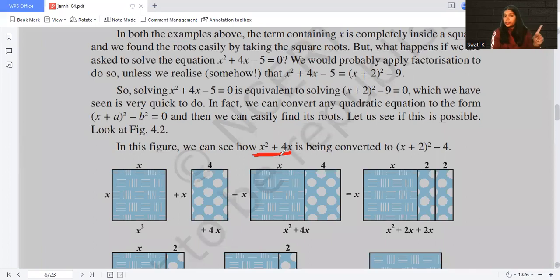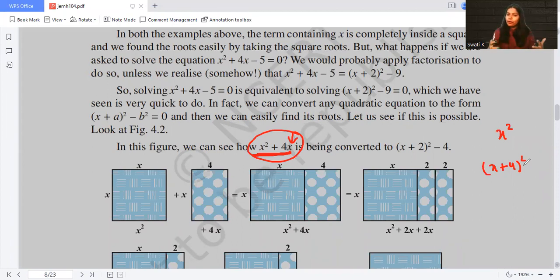See here, x square plus 4x, this is not in the form of a complete square. Why? Because here this x is not in the square. Complete square means x inside a square, and even if you have other terms, they should not contain x. If it is containing x, that means we are not having the quadratic equation in the complete square form.